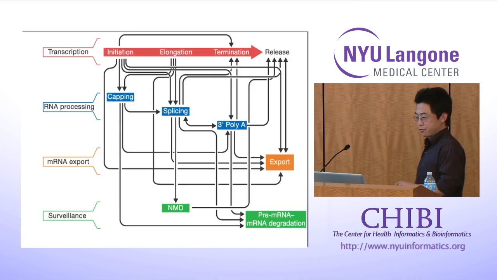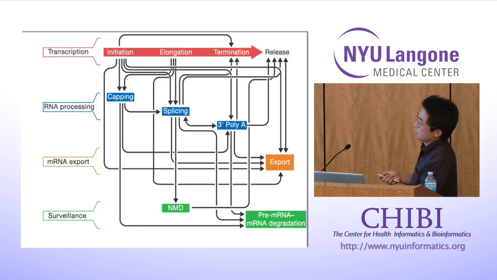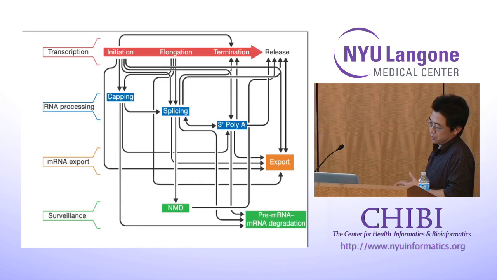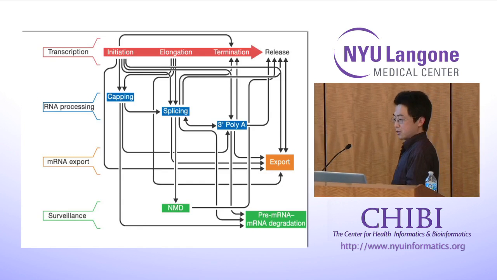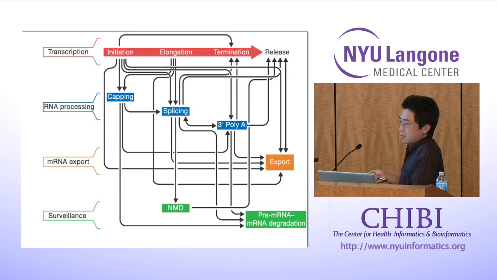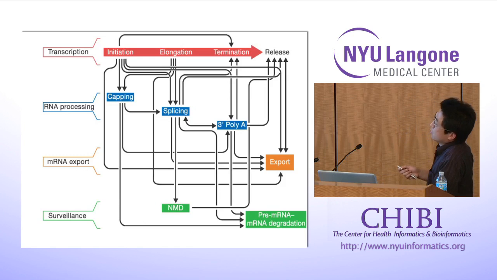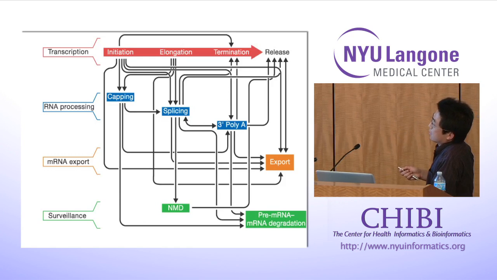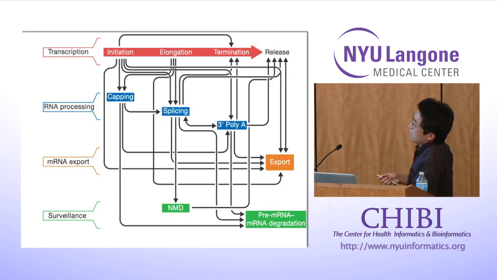This figure is my favorite figure that shows the complexity and the integration of the message processing, of the message flow from DNA to the final product, the protein. This is from a review paper by Tom Maniatis. So basically, we can see from here, all these procedures are coupled: the splicing, 3' polyadenylation, and mRNA export.